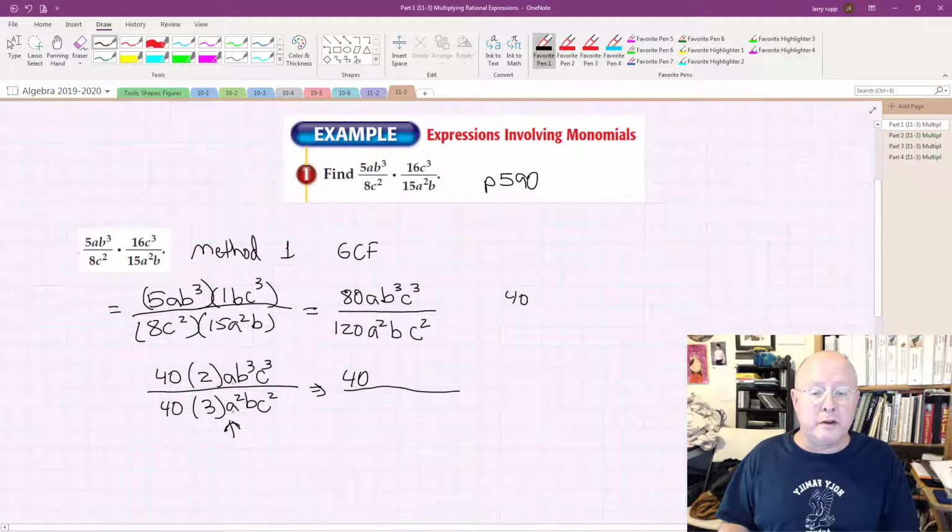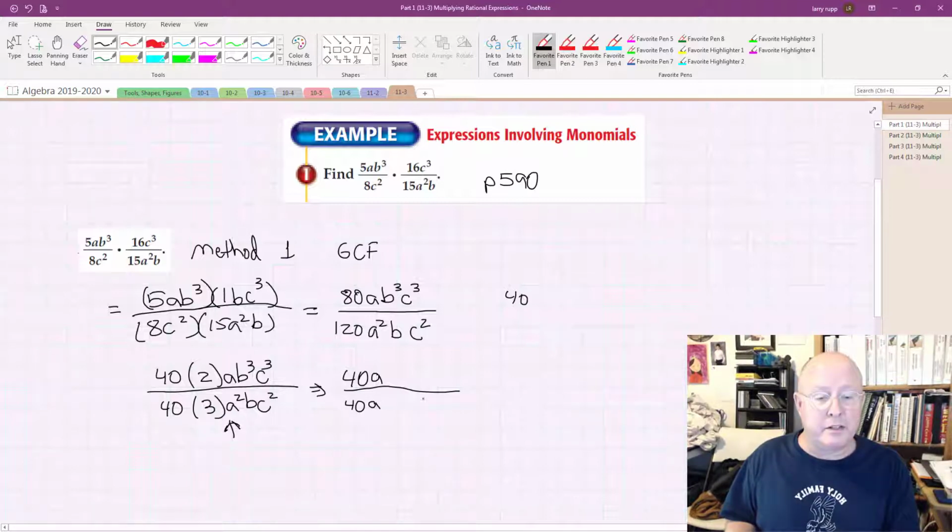So the commonality is just a single a. We take an a out of the top, and we take an a out of the bottom, which leaves us with just an a. Up top, there was only an a, so when we took it out, that was it.